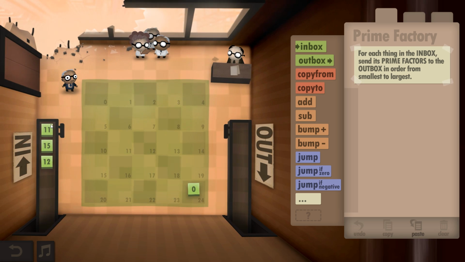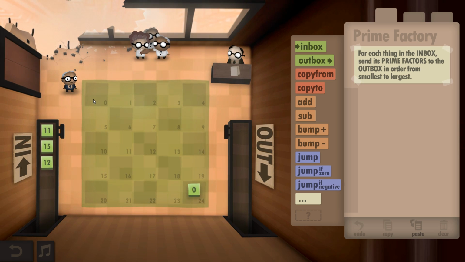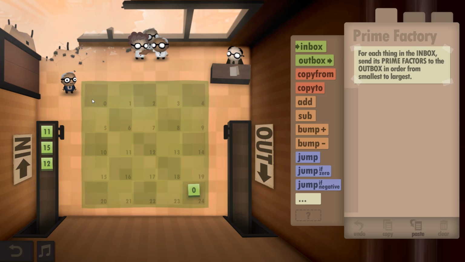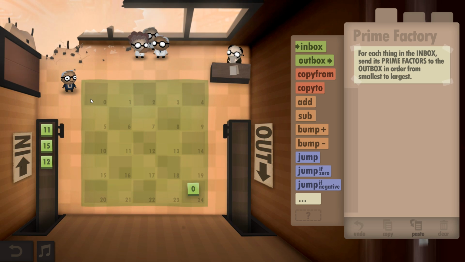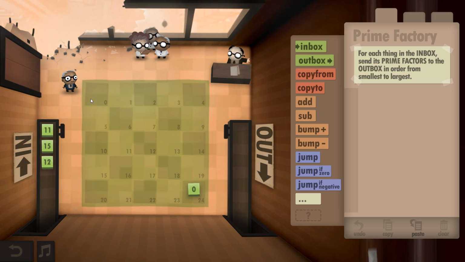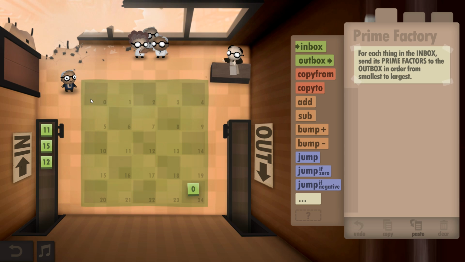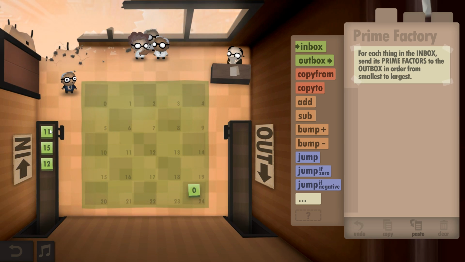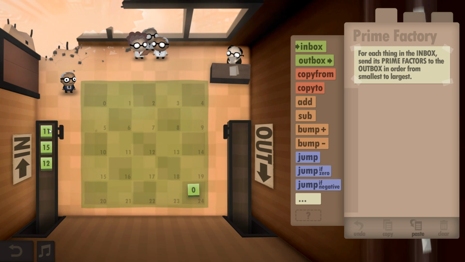So 11 divided by 10 has a remainder of 1. So it's not divisible by 10. Then 9 has 2, 8, 3, 7, 4, 6, 5, 5, 1, 4, 3, 3, 2, 2, 1. That means that there is no way to divide 11, because all of them have a remainder.